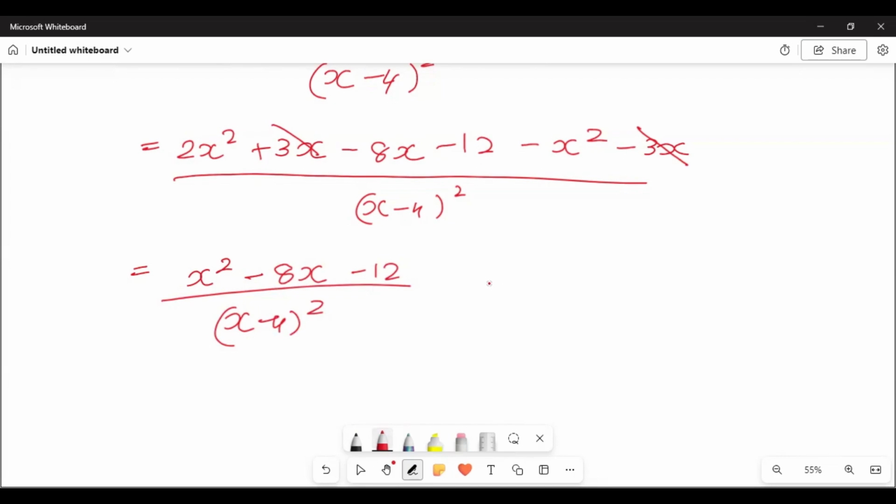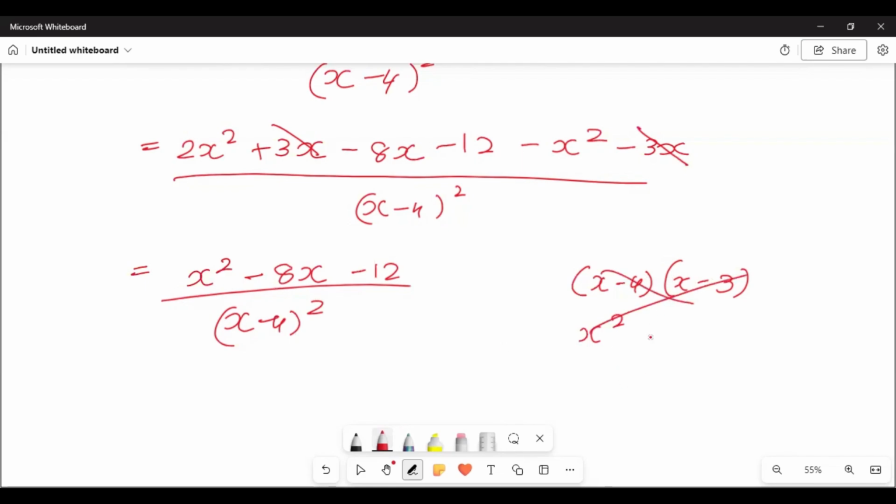So we can solve this one. Yeah, I think, yeah. x minus 4 times. No, no, this is not going to be correct.